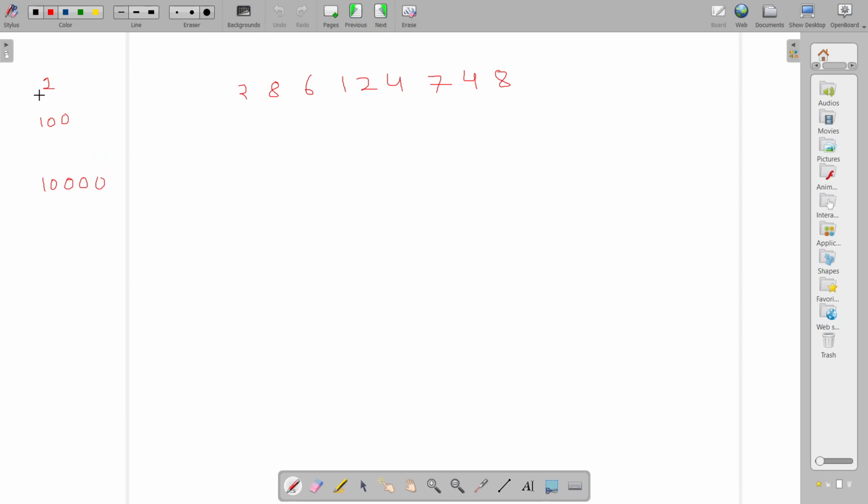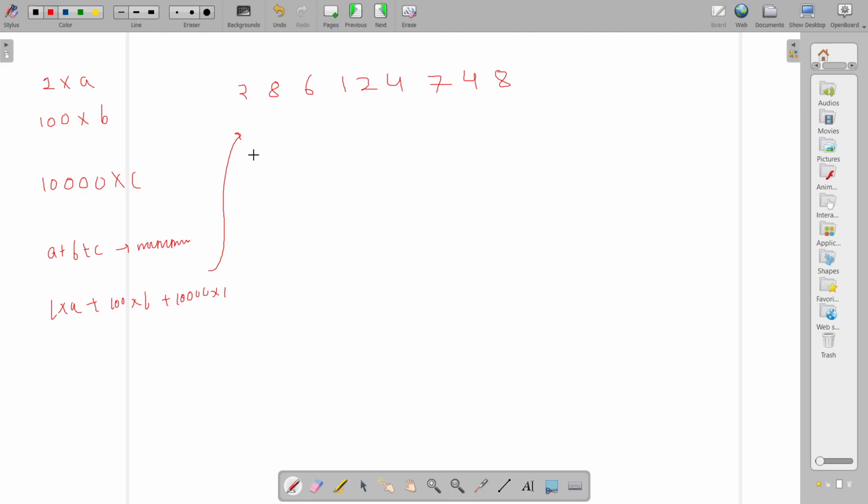If you take a quantity of 1 rupee notes, b quantity of 100, and c quantity of 10,000, then a plus b plus c should be minimum, and 1 into a plus 100 into b plus 10,000 into c should be this value.